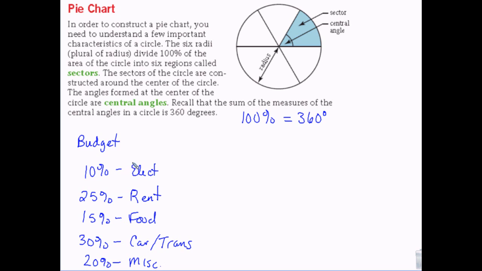To figure out how big of a pie piece this is, we're going to take that percent of 360. So 10% of 360 is 0.1 times 360, so that's going to be 36 degrees.